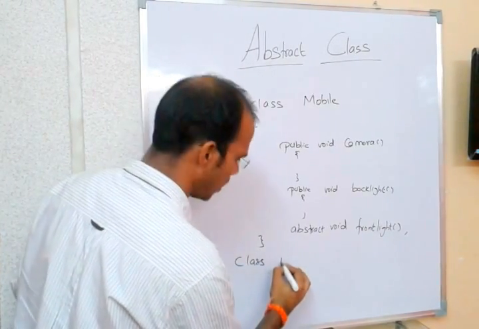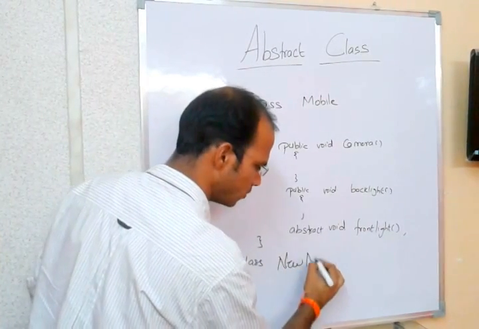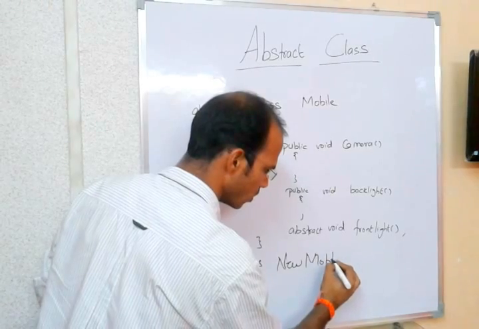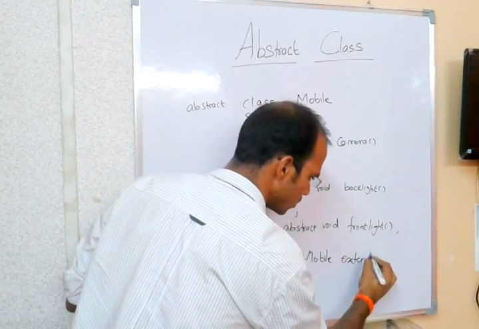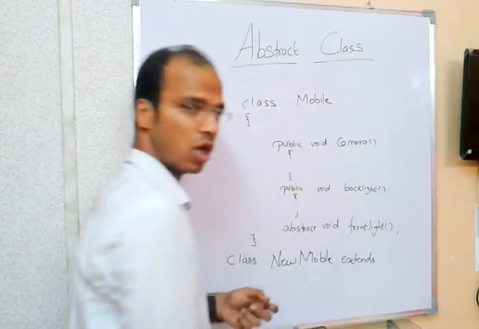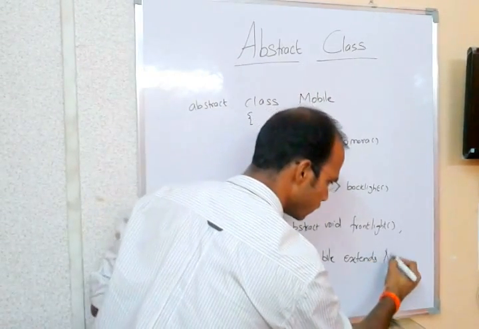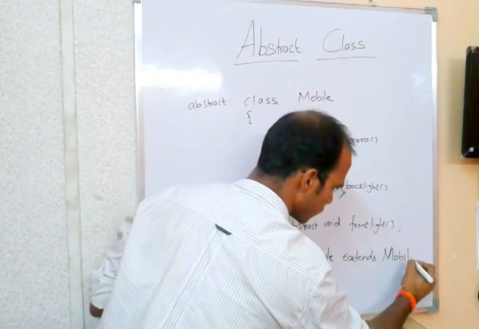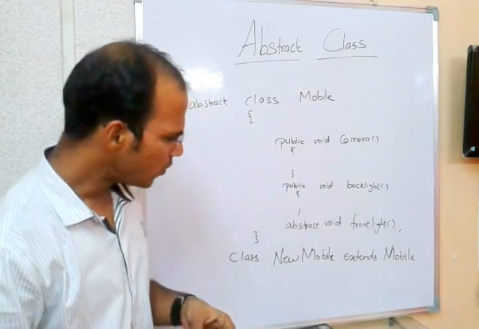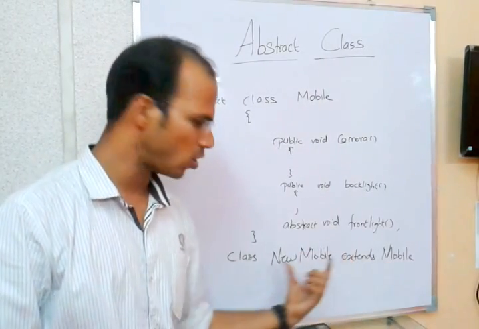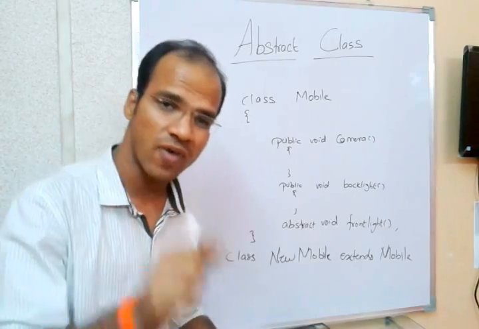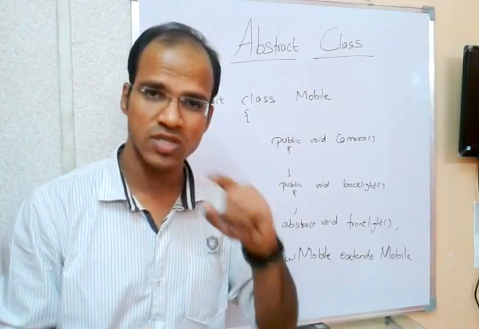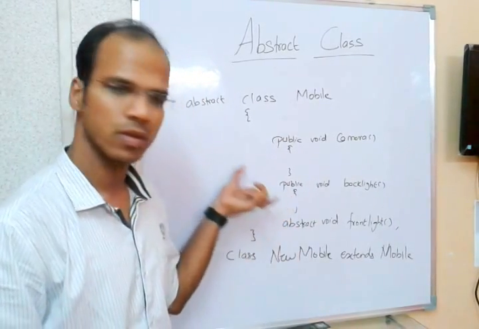Now, in case you have to use this method, you have to create a new class called, say, New Mobile. You have to extend your abstract class, and your abstract class is Mobile. Whenever you extend a new class from an abstract class, you have to define each and every method which is abstract in the base class.